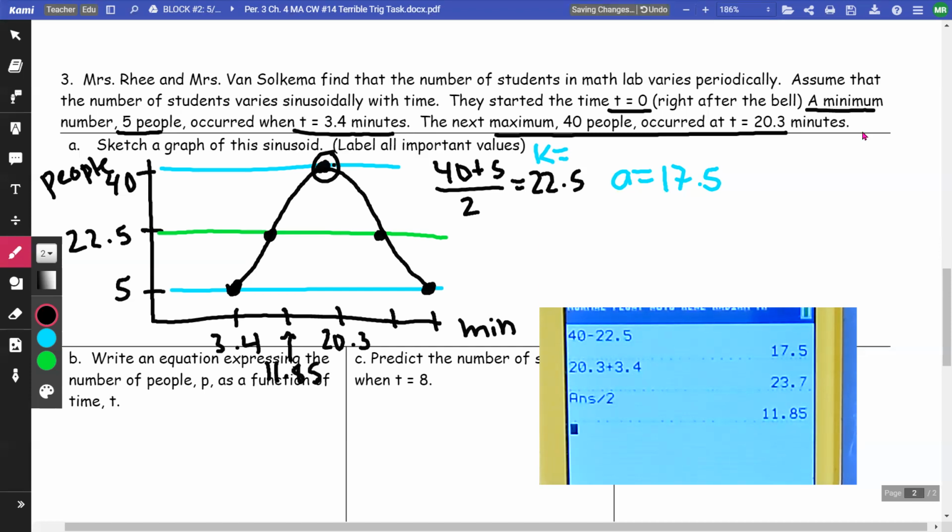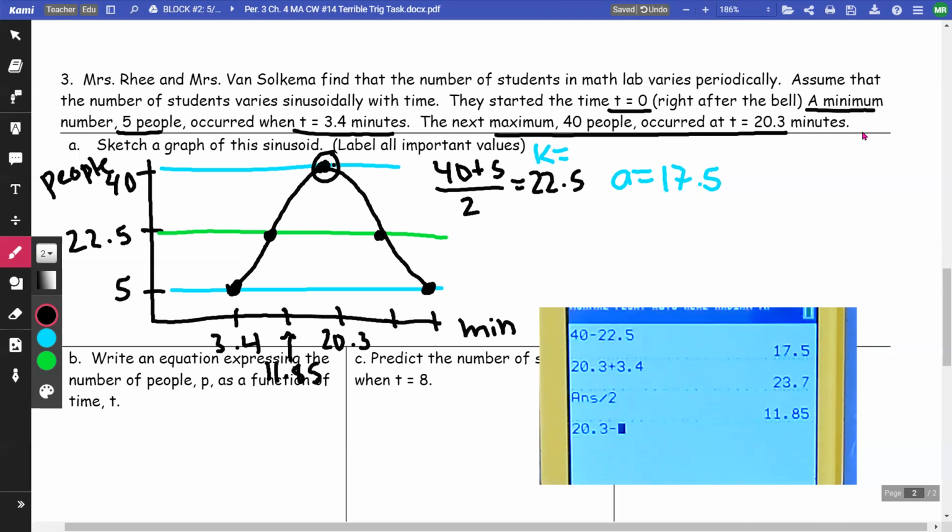Now, if I take my 20.3 and I minus 3.4, that's going to show the distance to the center, which is 16.9. Okay, so basically from here to here is going to be 16.9. So that's going to be half of my period.